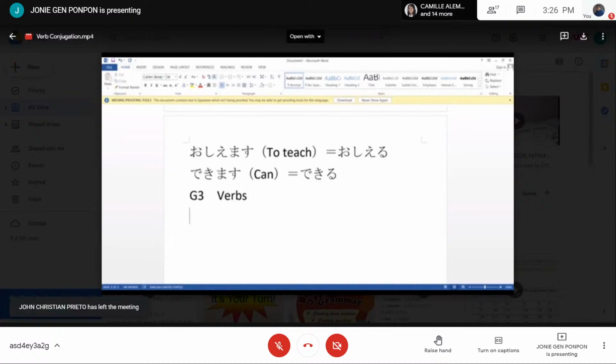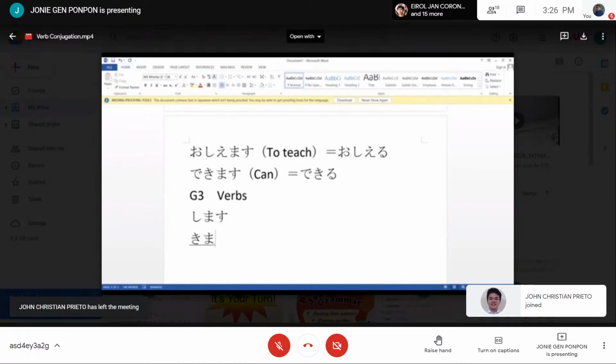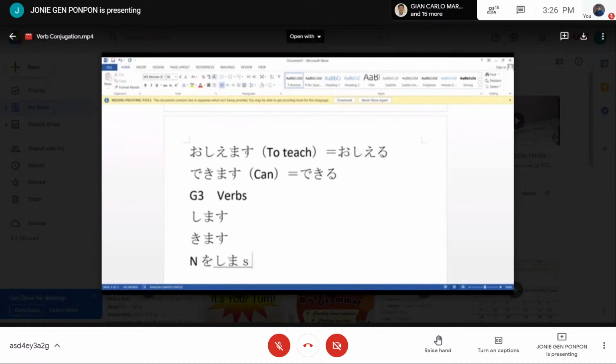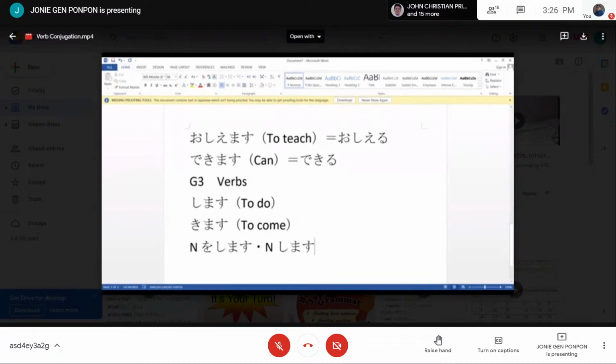The shimasu, meaning to do; kimasu, meaning to come; and then the noun o shimasu, or let's say en shimasu, meaning to do now. Okay, so those are their English equivalents.